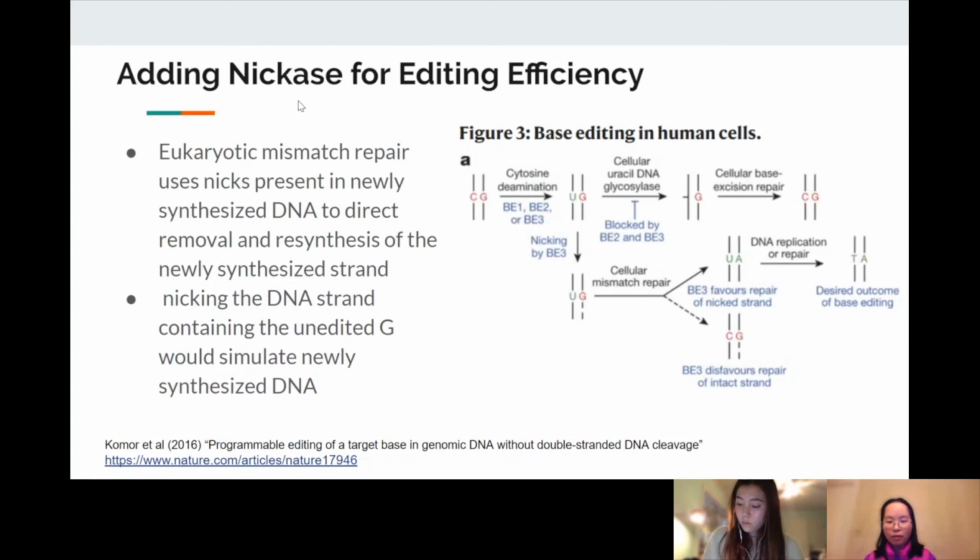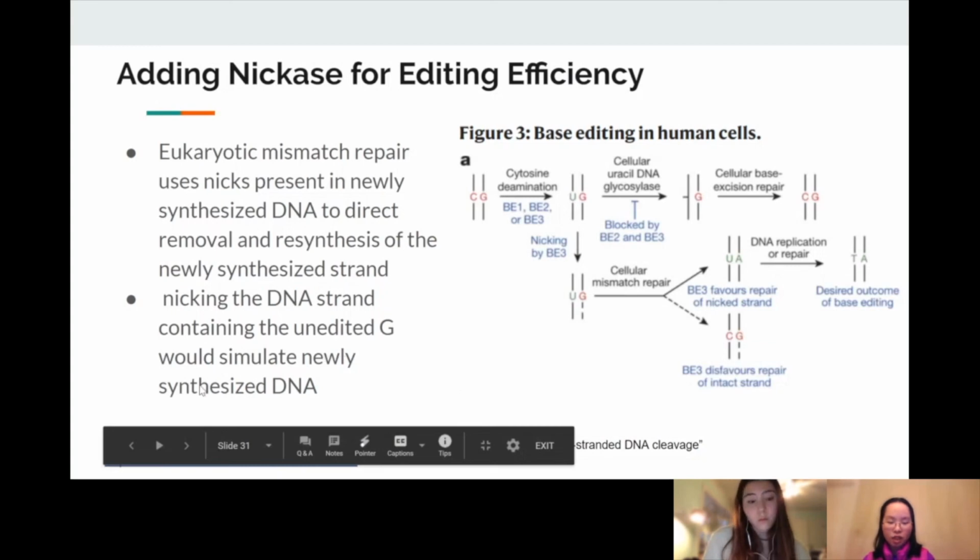But the nickase, whenever you do this, you always create a small nick in the DNA backbone. As a result, you have this nicking pattern in both the GC to AT base editor as well as the AT to GC base editor. So that's why you want this nickase to be part of both. Nicking the DNA strand containing the unedited G would simulate newly synthesized DNA so that G is edited.